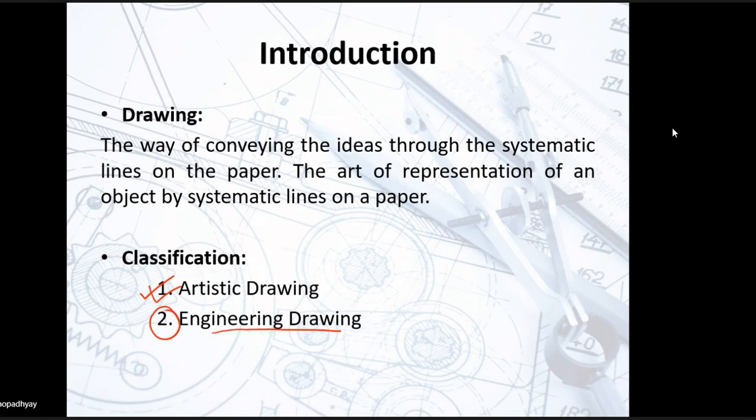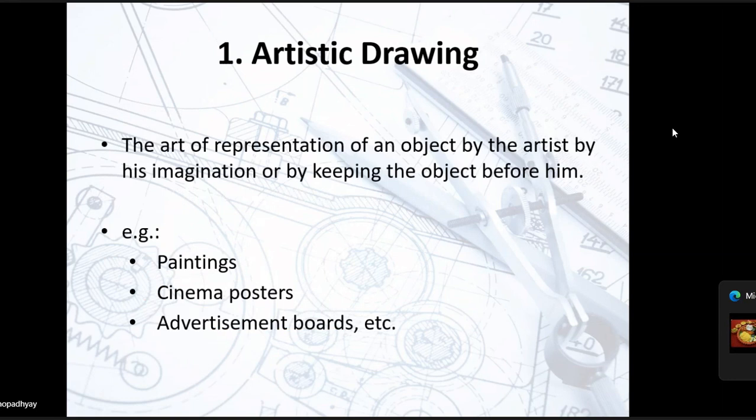Now let us see what we mean by that. Now, what is actually artistic drawing? It is basically the painting or the drawing that you do, and artistic drawing, it is drawn from imagination to reveal some aesthetic sense. Okay, so the art of representation of an object by the artist from his imagination or by keeping the object before him, right?